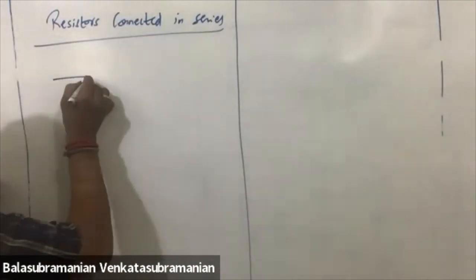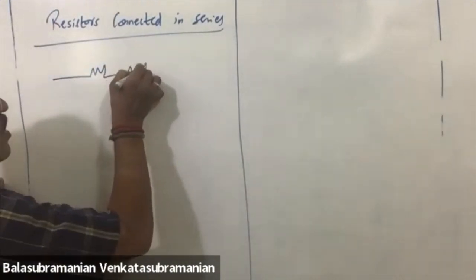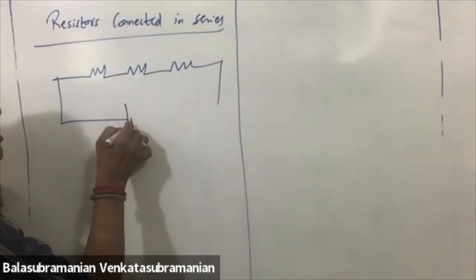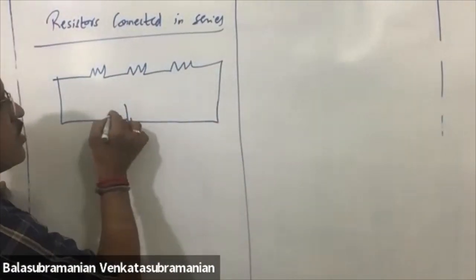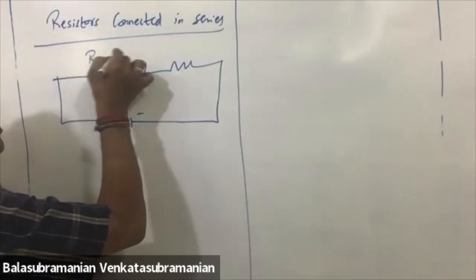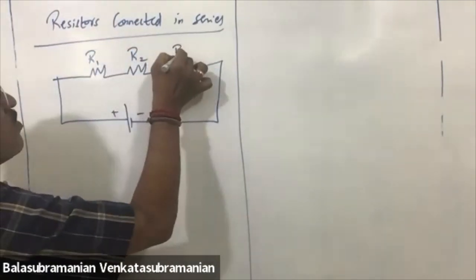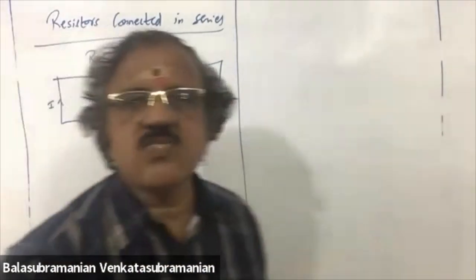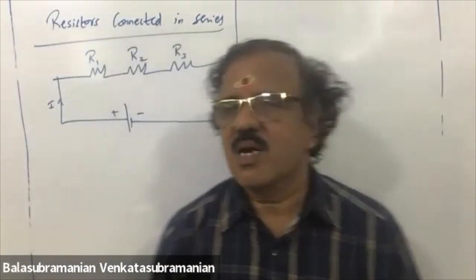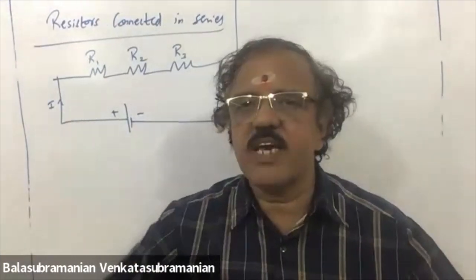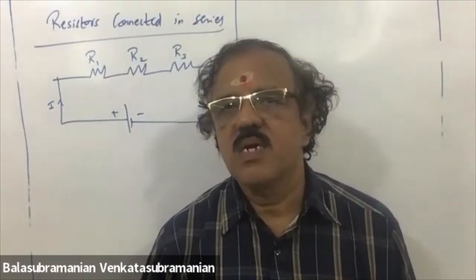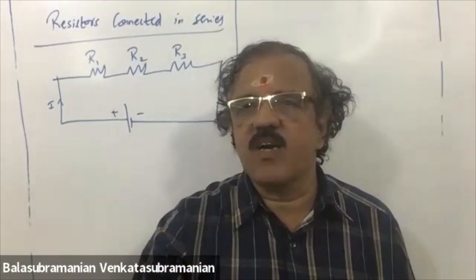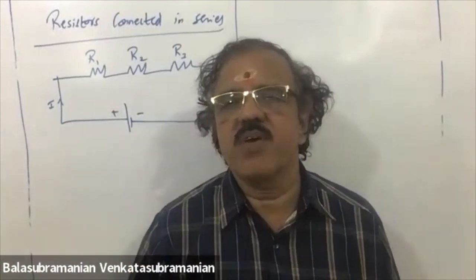Series resistance, we will assume three resistors in series connected with a battery, plus minus, R1, R2, R3. In a series circuit, the current passing through is the same. In parallel connection, the potential difference is the same. So this concept you should be very, very clear.